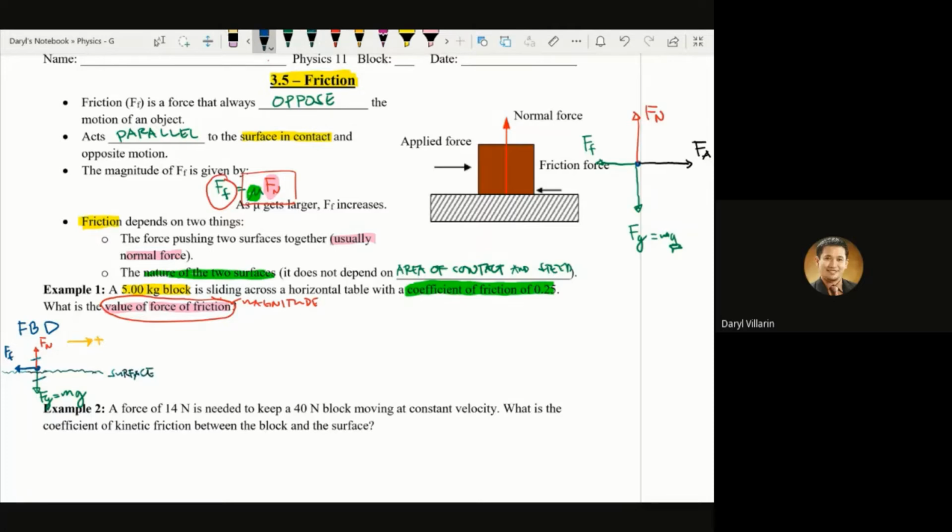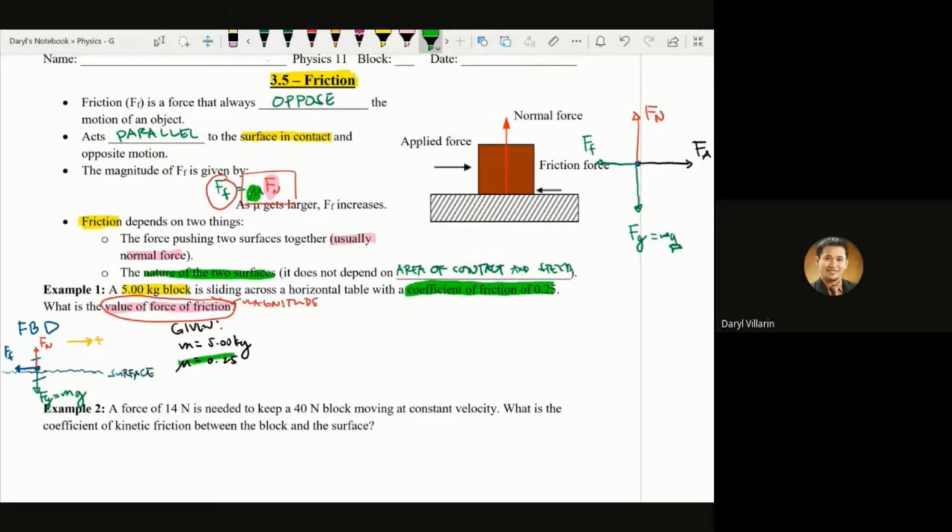So if we're going to write the things that we know, the given, we have the mass of 5.00 kilogram, and then mu, that's my coefficient of friction. Again, coefficient of friction is just the value of your mu, and it doesn't contain any unit.